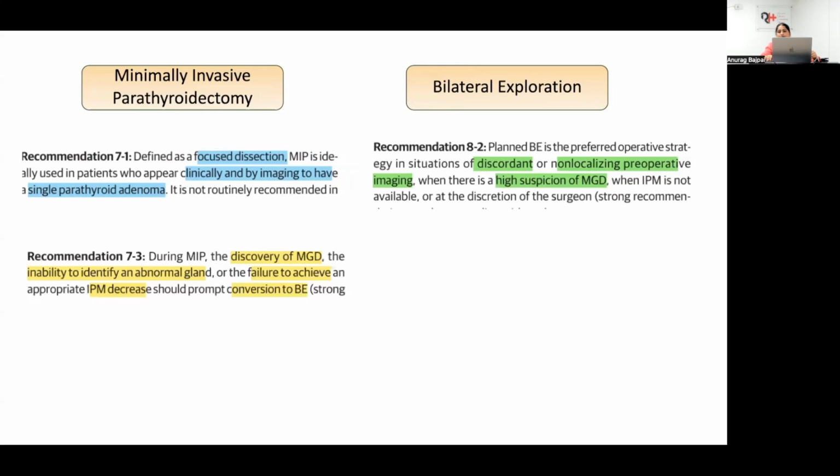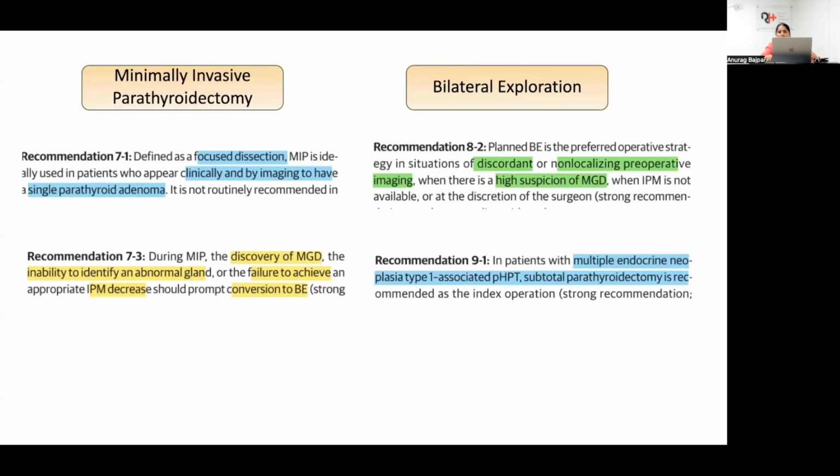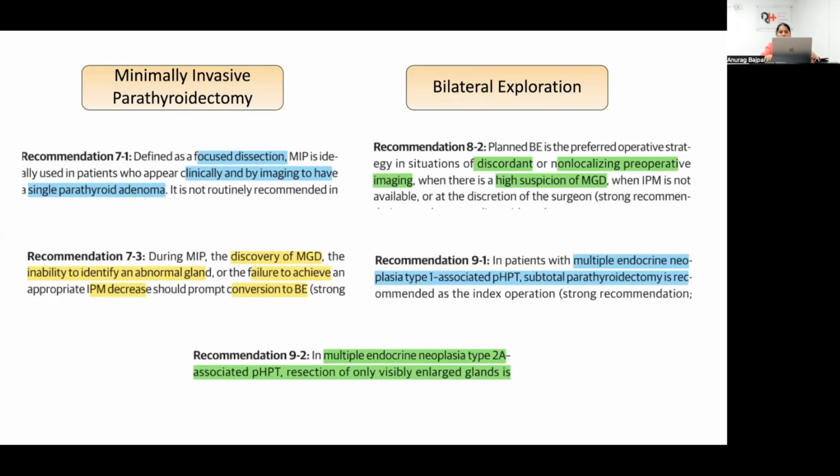Bilateral exploration is definitely for non-localizing preoperative imaging, when there is high suspicion of multiple gland involvement, when intraoperative PTH is not available, or at the surgeon's discretion. In MEN 1, subtotal parathyroidectomy is recommended, and in MEN 2A, only resection of visible and large parathyroid glands is recommended.